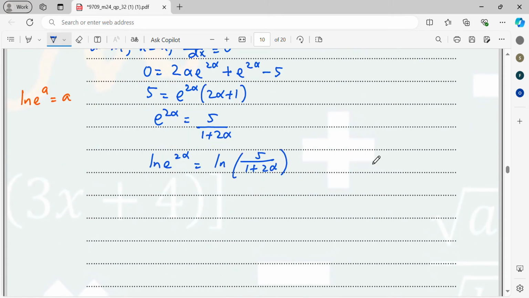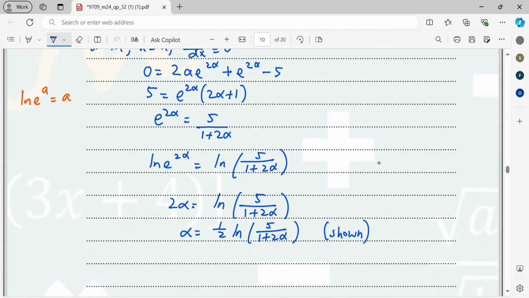The left hand side will be 2 alpha, and at last the 2 will be moved down. So alpha will be half ln of 5 over 1 plus 2 alpha. With this, I have shown the given form.